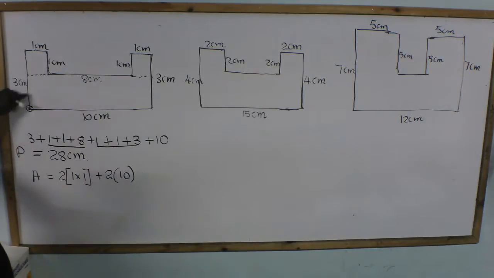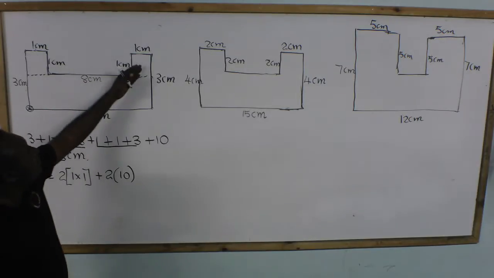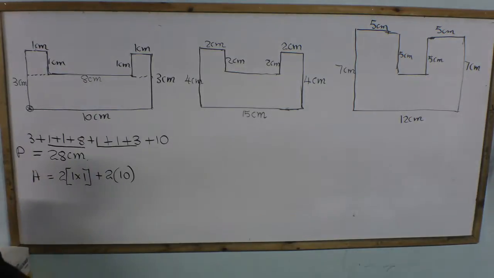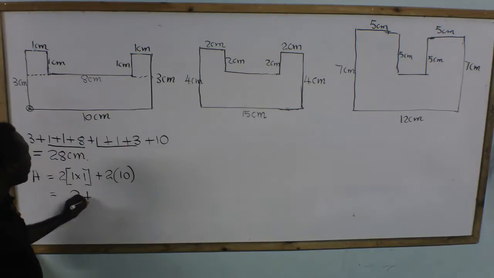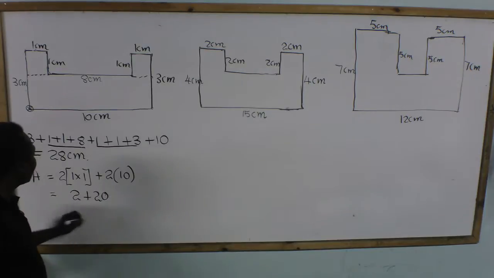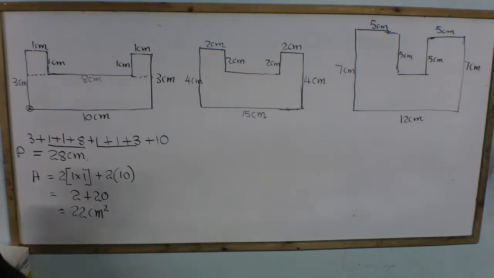So this rectangle will be 2 by 10, and each one of these will be 1 by 1, which make them squares, but that does not prevent them from being rectangles. So the overall area is 1 times 1, and this one is going to be 2 times 10. So that is going to be 20. So that is equal to 22 centimeters squared.